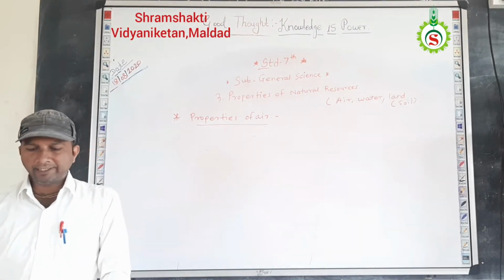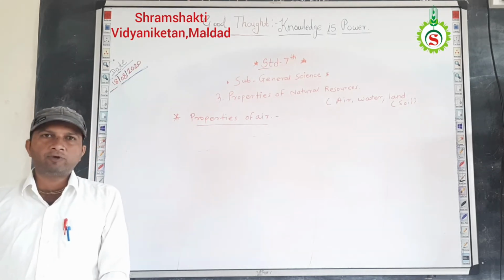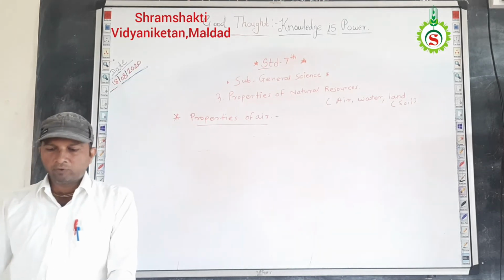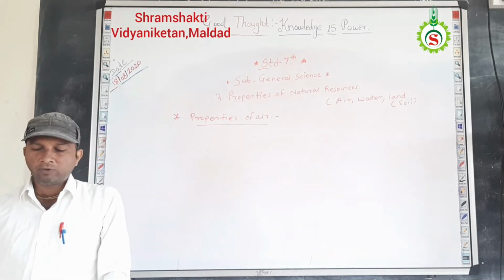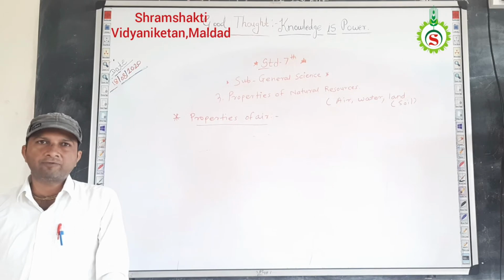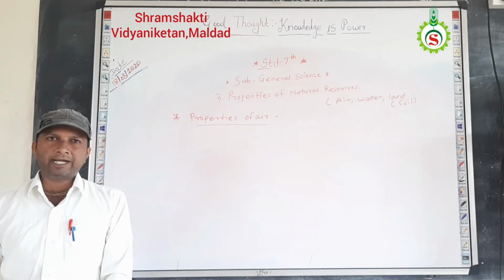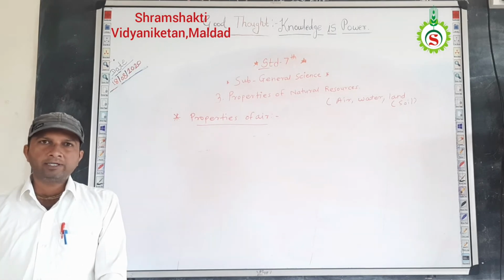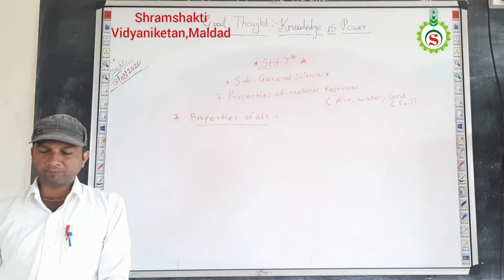Now air is present all around us. You know that in the atmosphere everywhere we will find air. We are not able to see the air, but we can feel the presence of air. For example, when there is a cold breeze, we feel cold, which means we can easily feel the presence of air in the atmosphere.